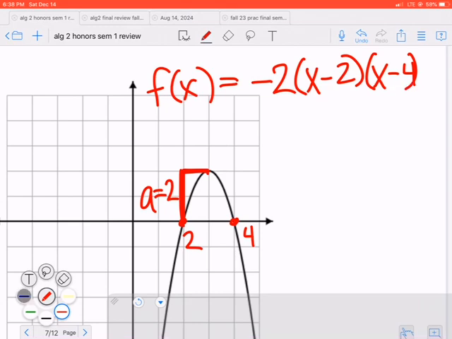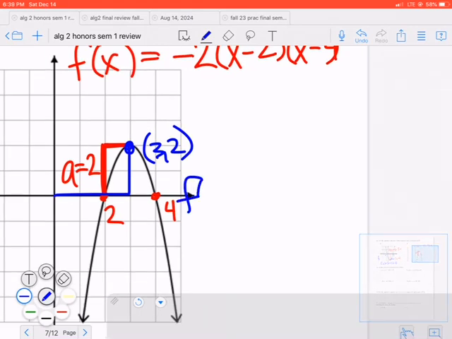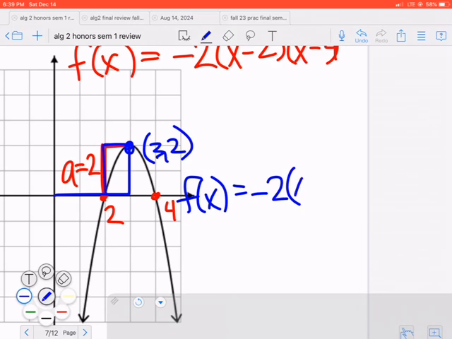And vertex form, its vertex is 3, 2. So vertex form, f of x is equal to negative 2 for the same reason. It's opening down and the a value is 2. And vertex form, so x minus 3 squared plus 2.